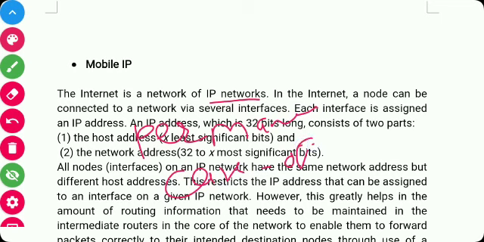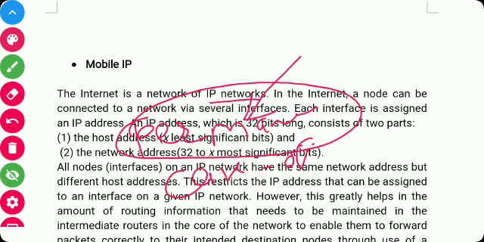A mobile node has a permanent IP address that is topologically significant on its home network. While the mobile node is in its home network, packets destined to it are transmitted in the normal fashion.